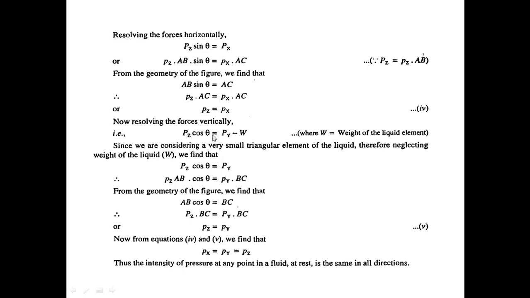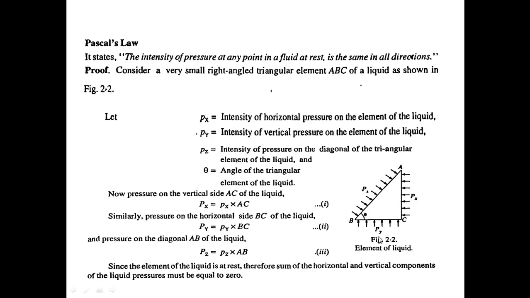As cos theta is equal to base divided by hypotenuse, at the base the forces are Py and the weight of this liquid element, which acts against this Py, so Py minus W is the total force at the base of the triangular element, and on the hypotenuse the force is Pz.